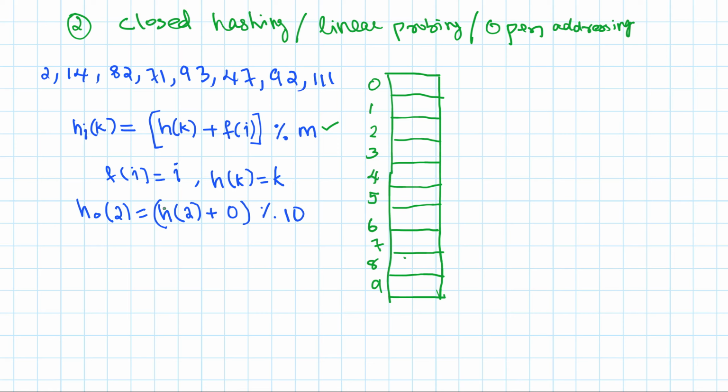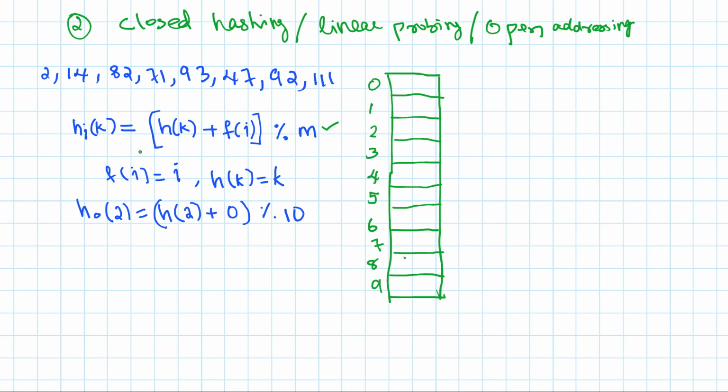So if h(k) is k, and f(i) is i, then I will talk about the insertion procedure now. Whenever we are finding the hash function for a specific key for the first time, we'll be using the value 0. In other words, i is the number of iterations that we are using to find a location for a specific number.